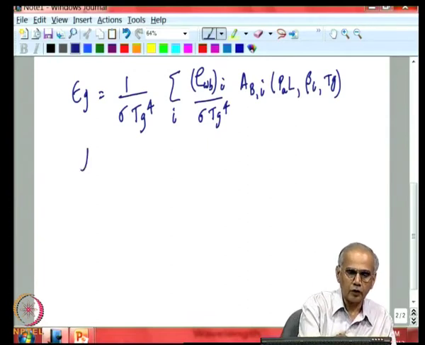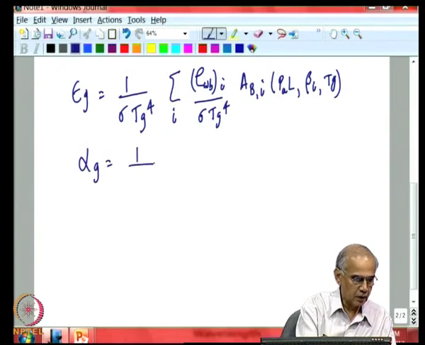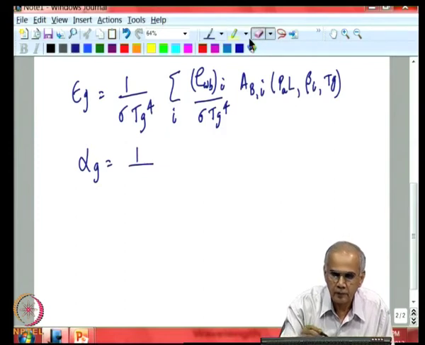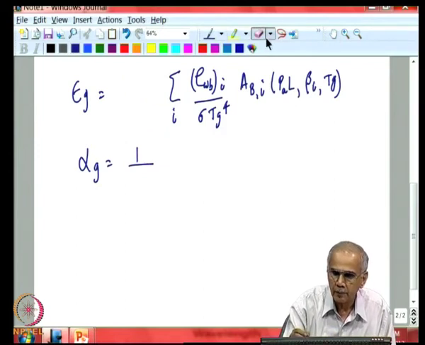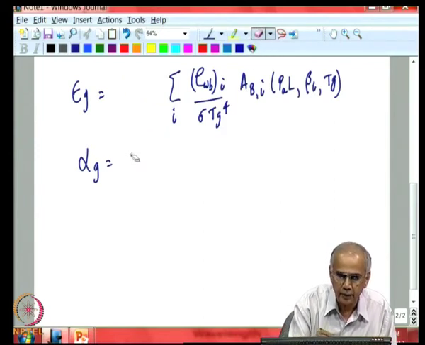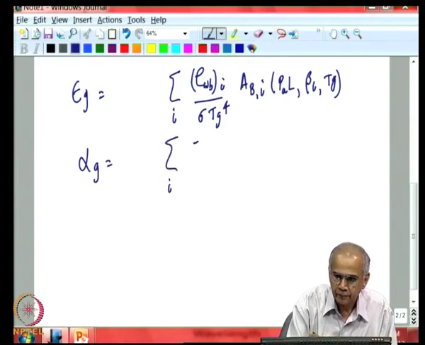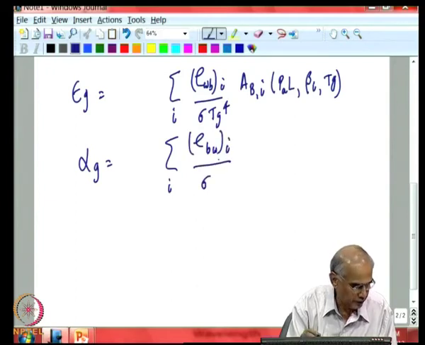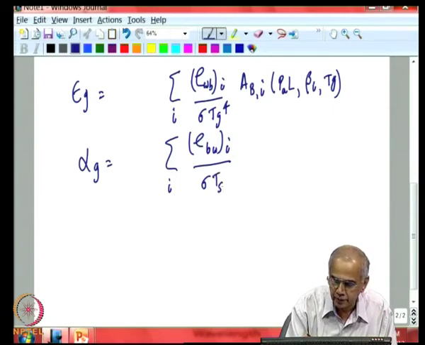And we also argued that for absorptivity, the same definition would be valid, but the difference between absorptivity and emissivity will be really in how we do the weighting. This is the band center again, but we weight with the temperature of the source from where the radiation is coming.